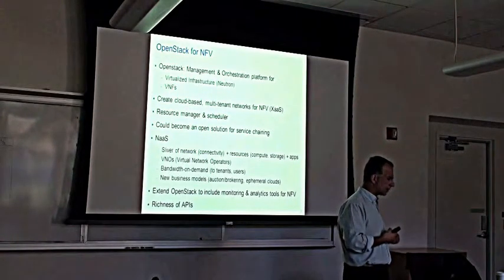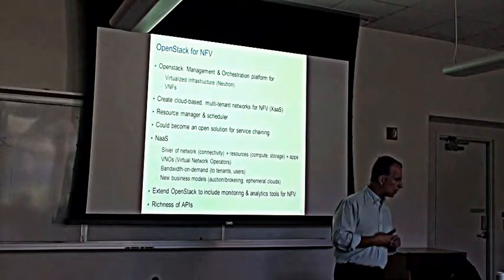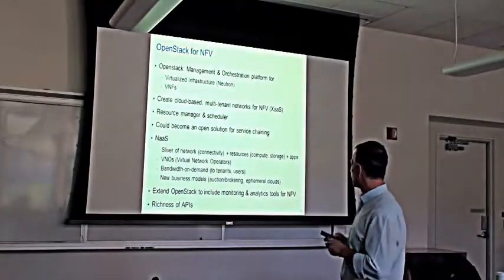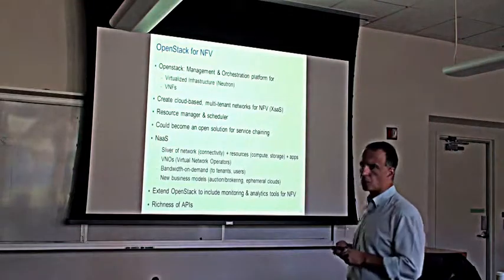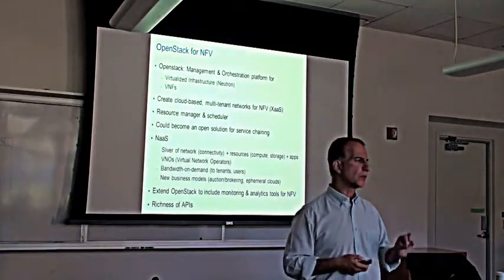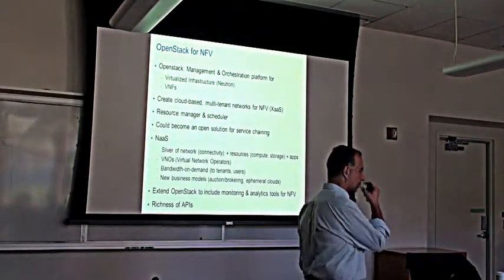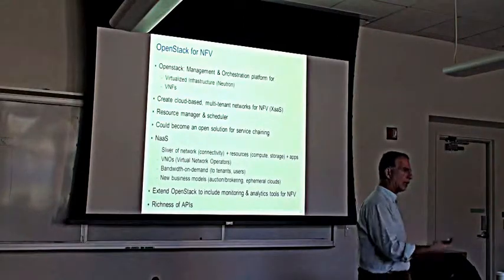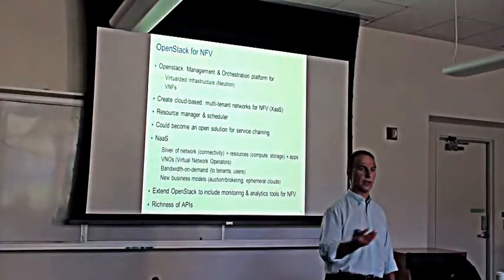I think that's important. And the one bullet I throw in here is that maybe OpenStack can become the open solution for service chaining. Because the risk, once you go into service chaining, is that we see different efforts from vendors today, right?